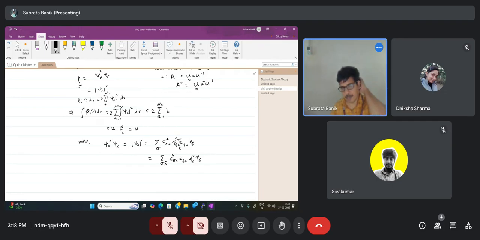Right? Now if we get rho, this is 2 into the sum over a equal to 1 to n by 2, I get modulus of psi squared.